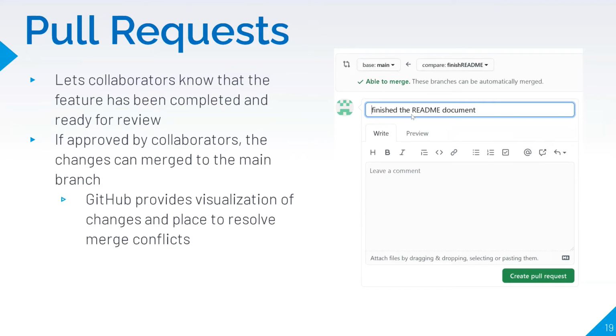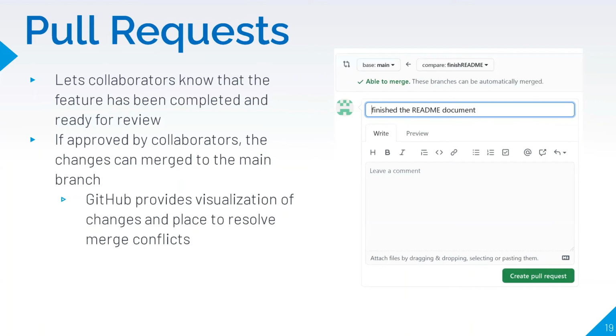It says, hey, you have two different branches. Do you want to create a pull request? And GitHub will do that on its own when you go through that whole process that goes from add to commit to push. So once you do push, GitHub will show up and it'll say, hey, do you want to create a pull request for this?